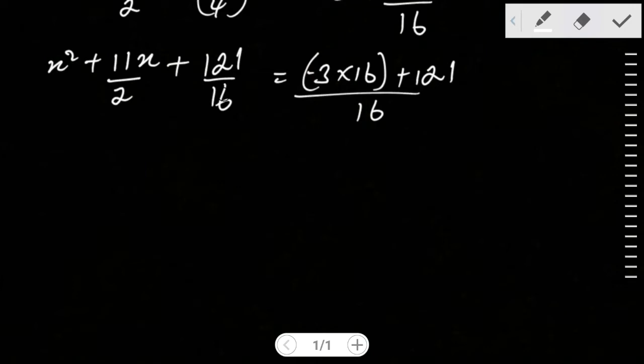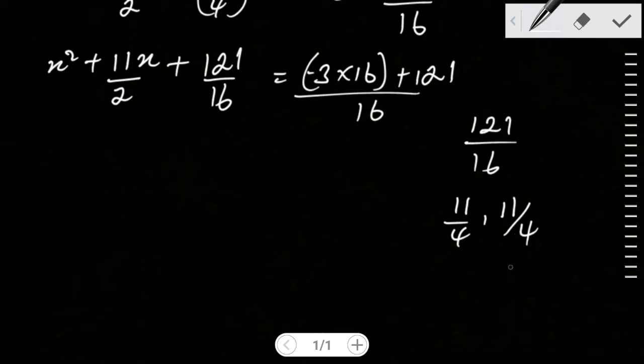Let's get two factors of 121 all over 16, such that if you multiply those two factors, they give us 121 all over 16, of which in this case I would have those factors as 11 out of 4 and 11 out of 4. So that we are going to replace 11 out of 2 by 11 out of 4 and 11 out of 4, but each of them will be having an x.